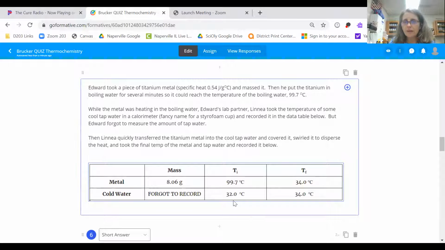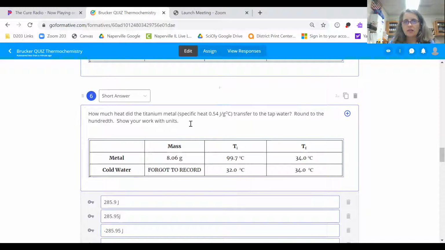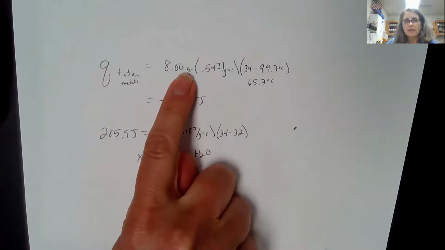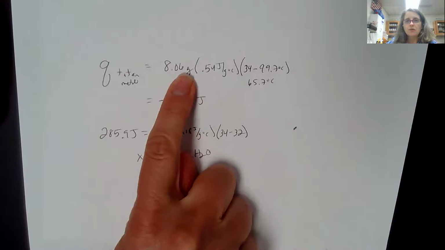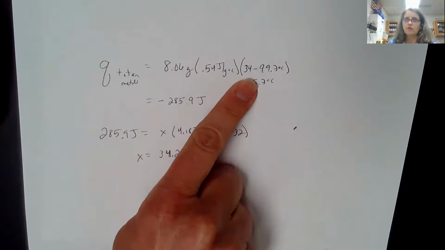So for the calculation portion here, I'm going to switch my camera occasionally and show you the correct answers. So for number 6, how much heat did the titanium metal transfer to the tap water, rounding to the hundredths place? So I'm going to kind of switch my camera here. So I took my titanium metal, I have 8.06 grams, I have the specific heat, and then I had how much did the titanium metal change.